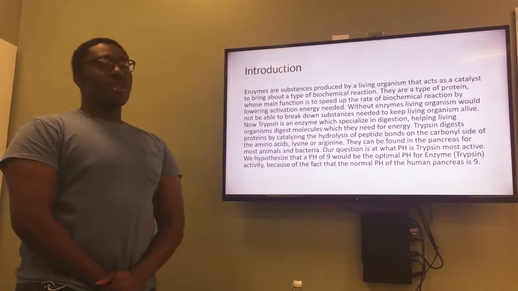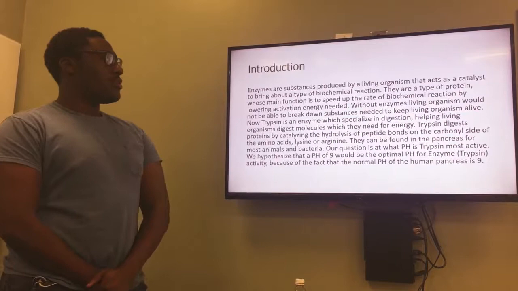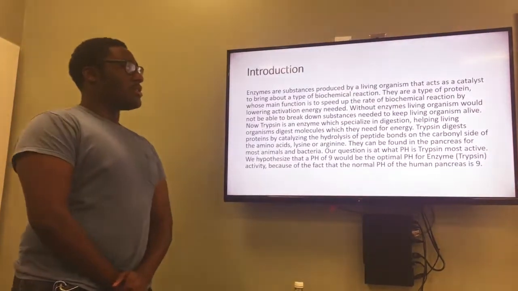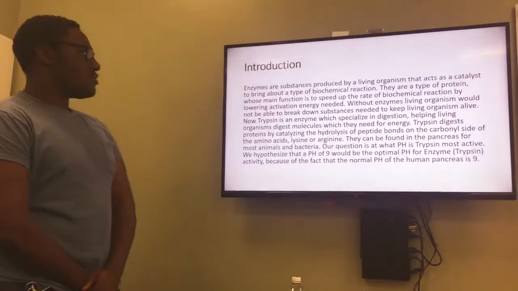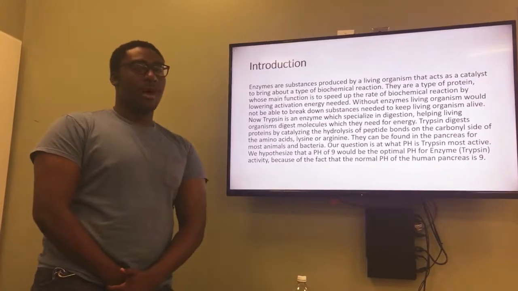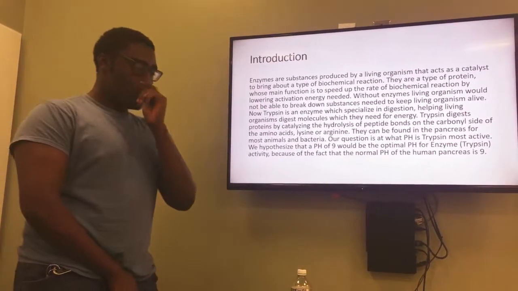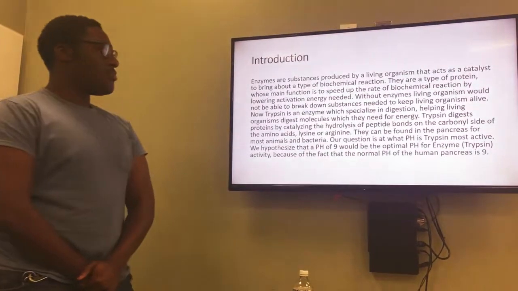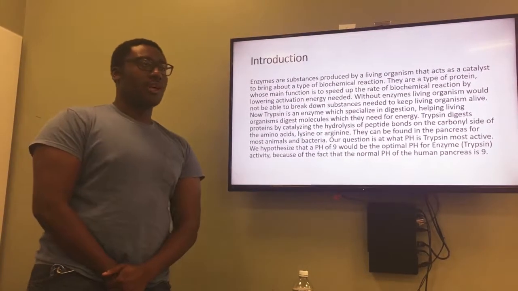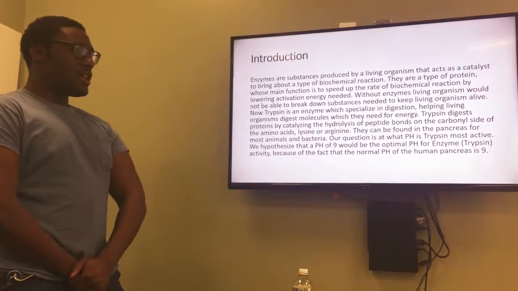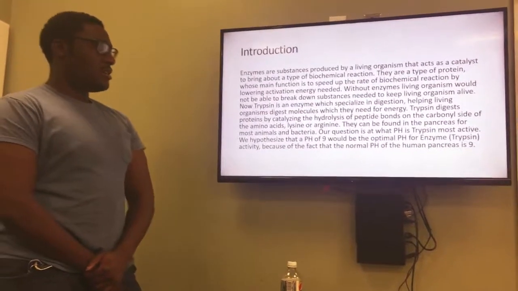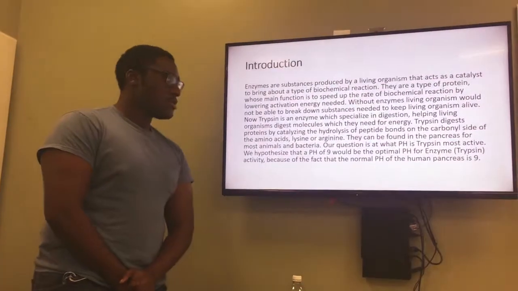Now, enzymes are substances produced by living organisms that act as a catalyst to bring about a type of biochemical reaction. They are proteins that help speed up the rate of biochemical reactions by lowering the activation energy needed to do this reaction.